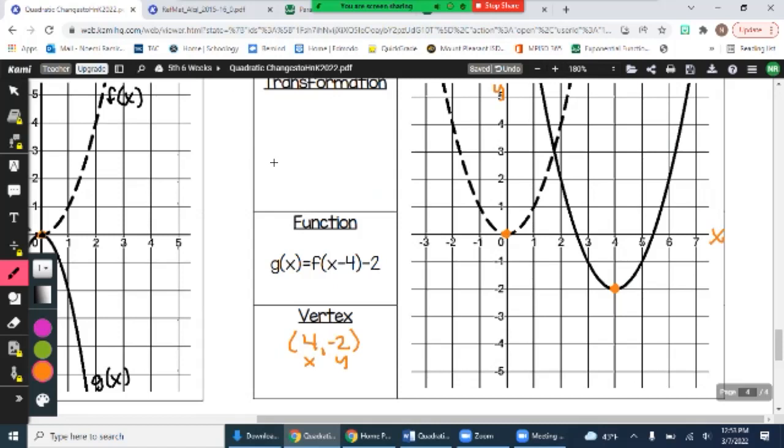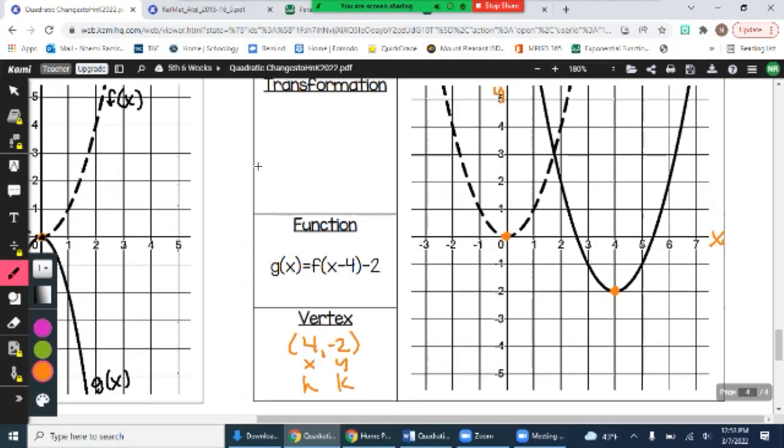Now, our vertex is no longer on what? On the y-axis. So because it is no longer on the y-axis, we are now switching from standard form into vertex form. So we're going to label the vertex HK as well to help us. We are no longer in standard. We are now in vertex form because that vertex is not on this line. Does everybody understand that? Okay.